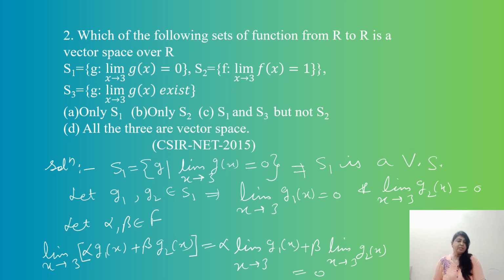Now take up the other set S2. S2 is the set of f belonging to F such that the limit as x approaches 3 of f(x) is equal to 1.